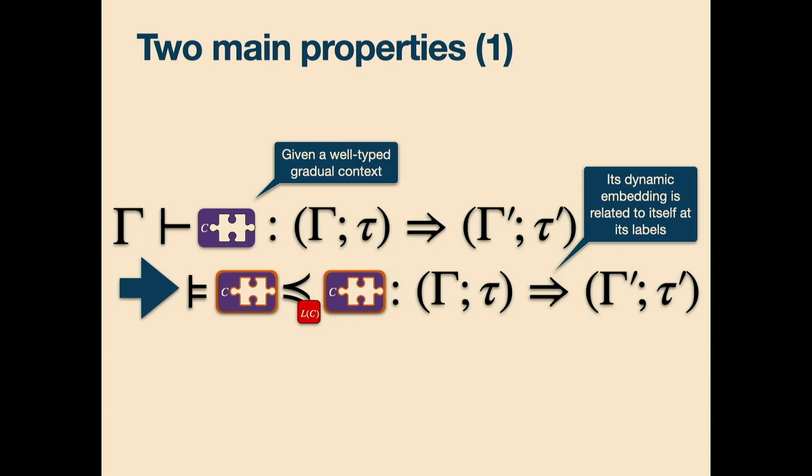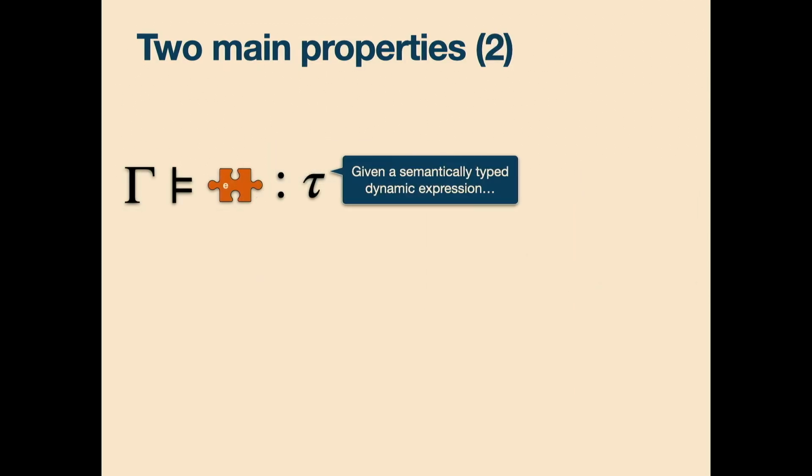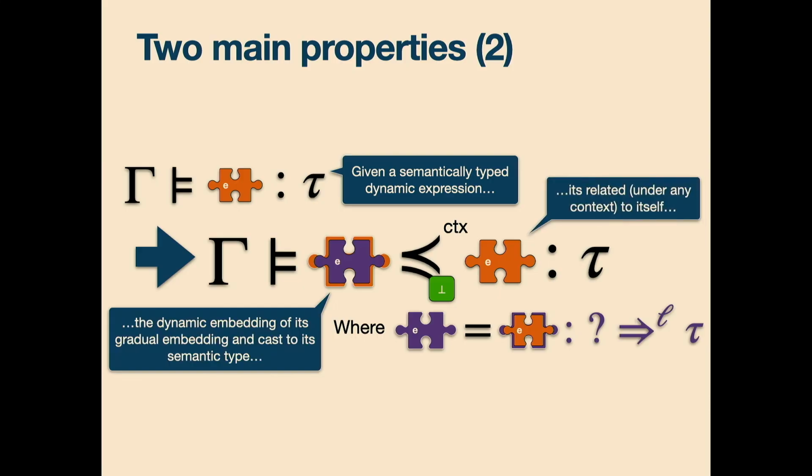And the second main property to prove the theorem is this one: given a semantically typed dynamic expression, the embedding and ascription of this dynamic expression, embedded back to the dynamic language, is contextually equivalent to itself under the empty error label set, meaning that it cannot error, basically. So if you combine the two properties, we can prove the criterion.